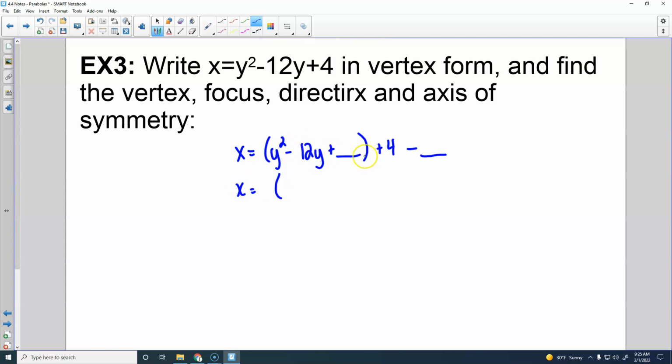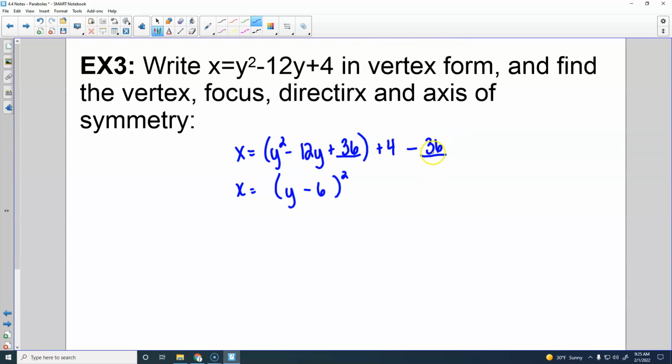And so when we do this, Noelle, what number will we get down here when we complete the square for our y? Good. We'll have a minus 6 right here. What number will go in this blank up here? 36. And so what number should we subtract? Also 36. Very good.